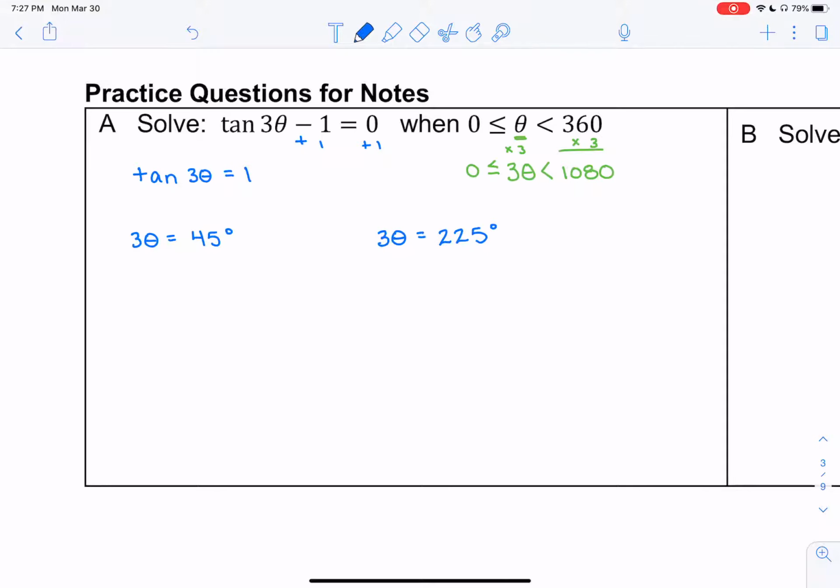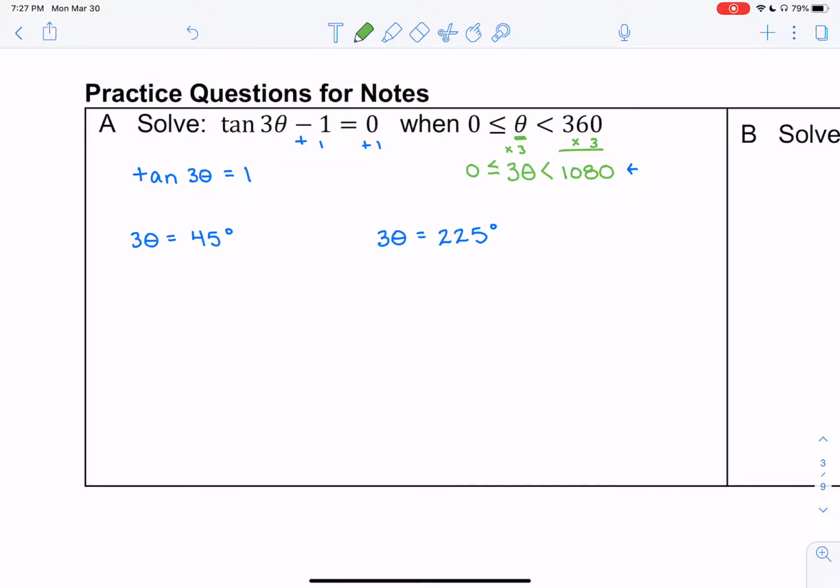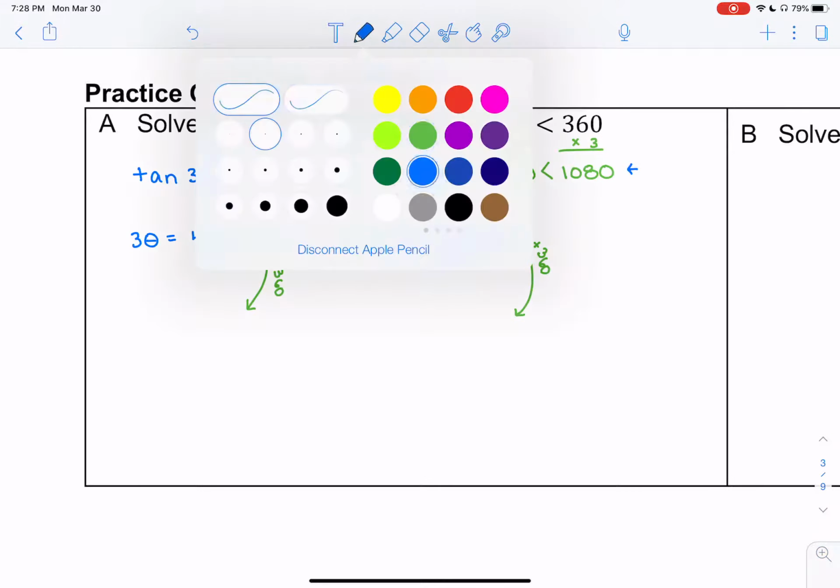Okay, and then my unit circle stops, but I was just told that I have to go up to 1080. So I'm going to go back and add 360 to 45 degrees. Okay, I'm going to add 360. And I'm going to do the same thing over here. And I'm going to add 360 because I have to make it all the way up to 1080.